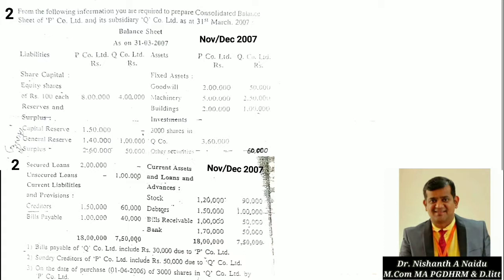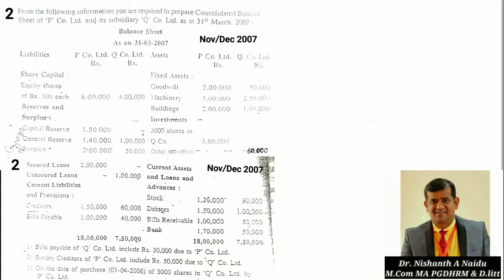Under that, 3,000 shares in Q Company, 3,60,000 rupees in the P Company Limited amount column. After that write down other securities: P Company Limited nil, Q Company Limited 60,000 rupees. Then write current assets and loans and advances. Stock 1,20,000 P Company Limited and 90,000 Q Company Limited.